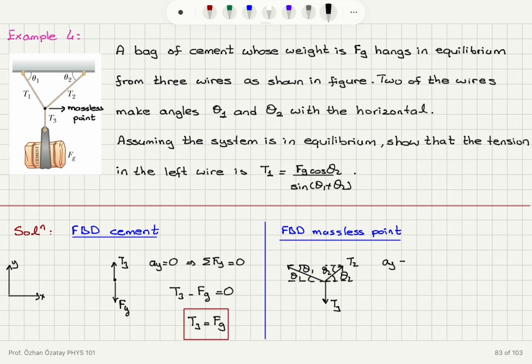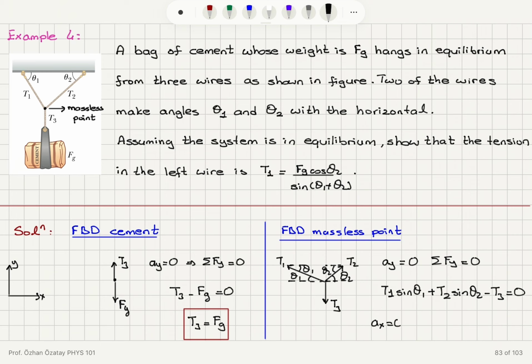The net acceleration on the y-axis is 0, therefore the net force on the y-axis is 0. So what is the net force acting on the y-axis? That is T1 sine theta 1, the component of T1 on the y-axis, plus T2 sine theta 2, and T3 is pointing down, so it's minus T3. This must be equal to 0.